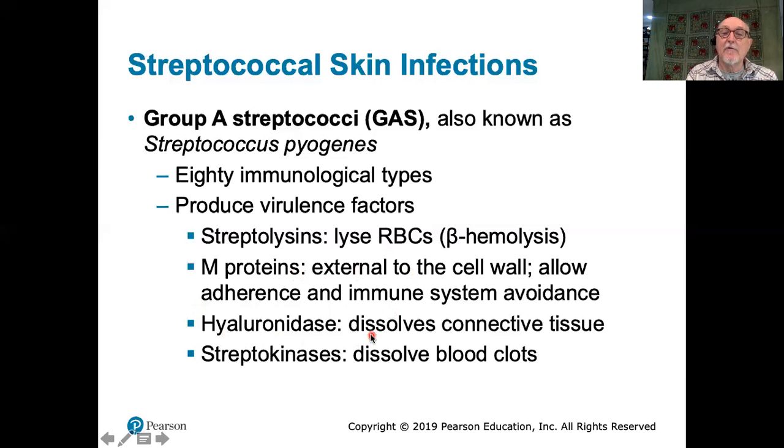They also produce high hyaluronidase. Depending on the strain you're talking about, this can be extremely dangerous because this dissolves connective tissue. When you have a wide-ranging infection with streptococcus that is producing high hyaluronidase, you're in danger of seeing the terrible necrotizing fasciitis, which produces that spectacular flesh-eating bacteria syndrome.